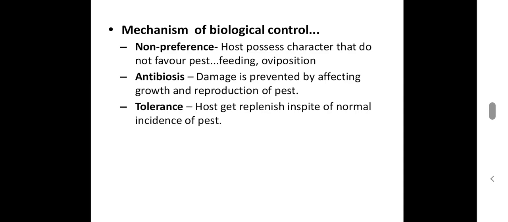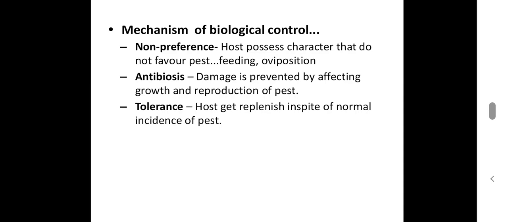Then next is tolerance. In this case, increase the tolerance or immunity or resistance power of that particular host, so that the host gets replenished in spite of normal incidence of pest.